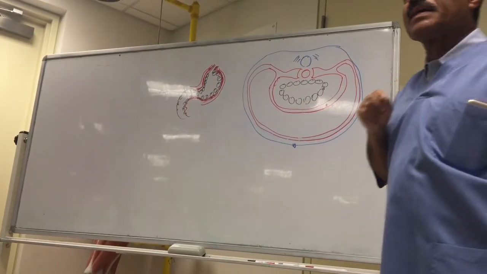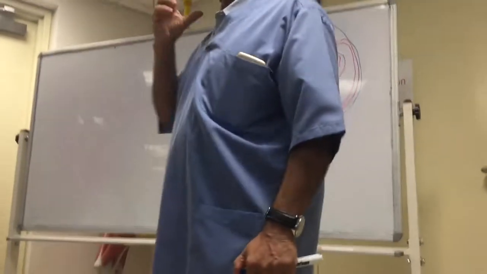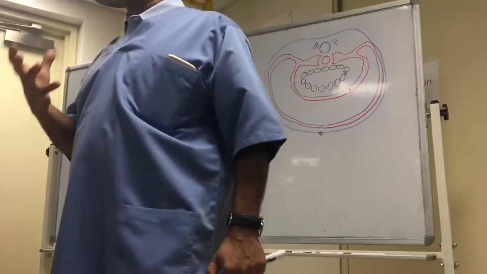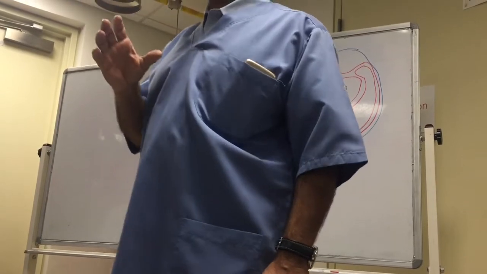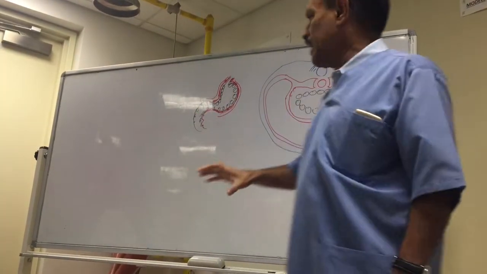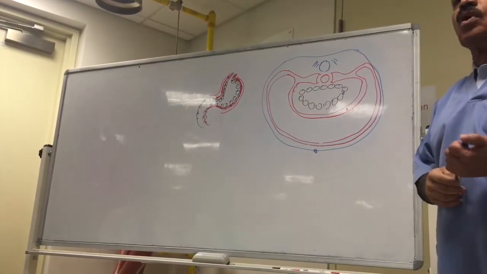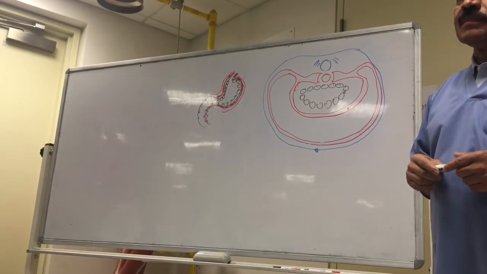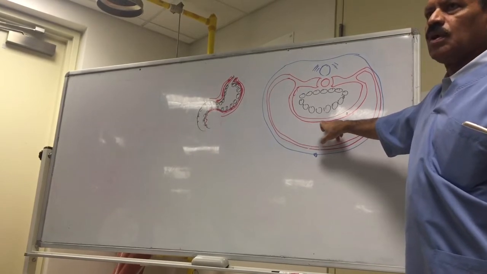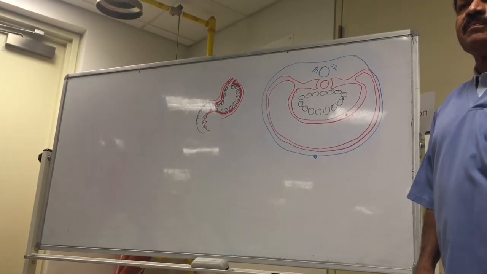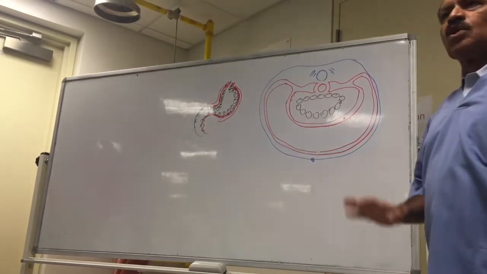The word splanchnic means viscera, like stomach, the kidney, the pancreas, these are all called viscera. And the splanchnic is always supplied by the autonomic nerve. So anything you see over here all belongs to the autonomic nervous system. Visceral is also from the autonomic nervous system. This whole place is autonomic nervous system.